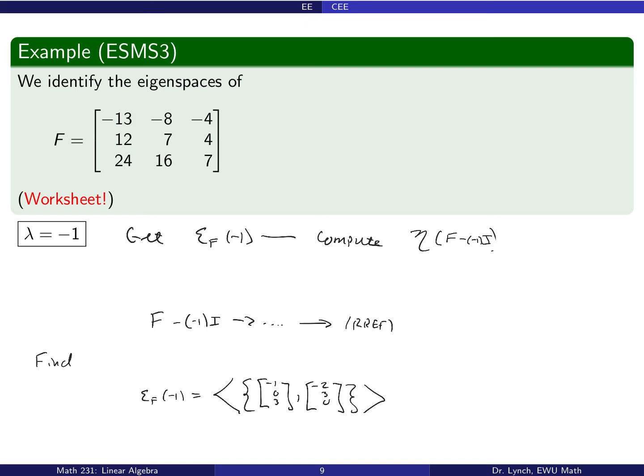So again, finding these eigenspaces is a problem that we know how to solve, because we know how to characterize a null space. Something interesting you'll notice here is that, being linearly independent, the dimension of this eigenspace is 2, and it turns out that's an important characteristic of an eigenspace.